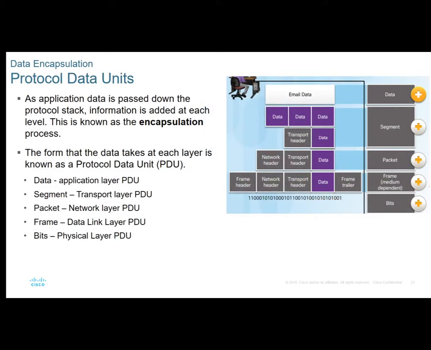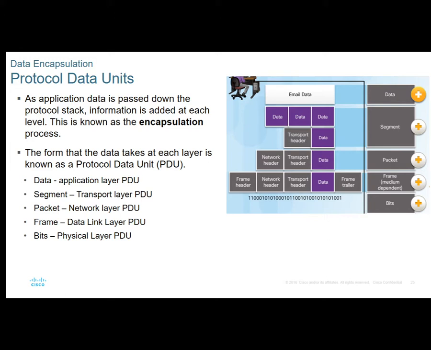So, protocol data units. As application data is passed down the protocol stack, information is added at each level. This is known as encapsulation. We know the term, right? The form that the data takes at each layer is known as a protocol data unit. So basically, if you look at the physical layer, which is the lowest layer, and it makes kind of sense, right?